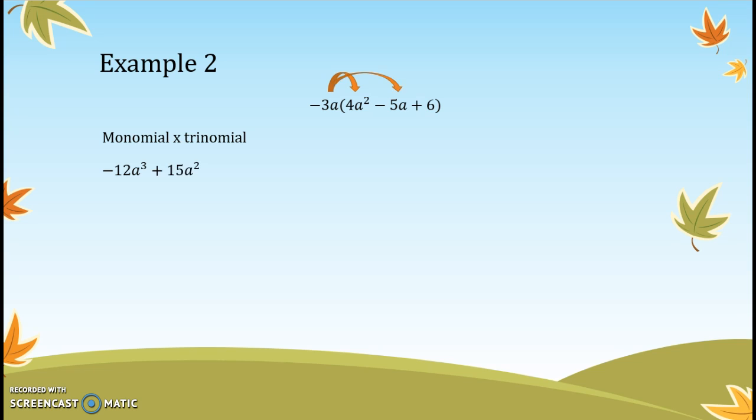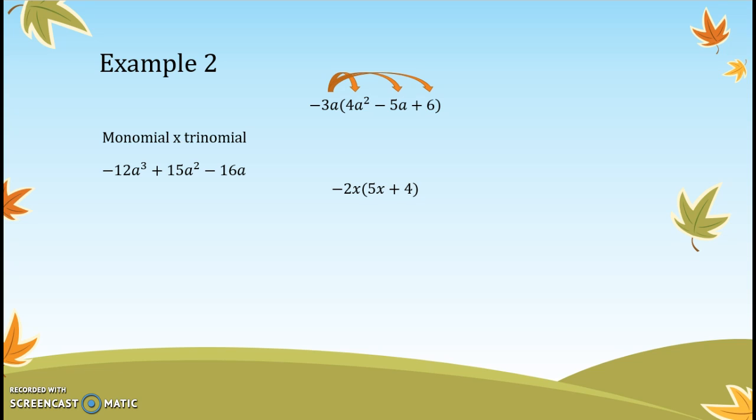Then we'll multiply negative 3a times negative 5a, giving us a positive 15a squared. A times a is a squared. We add our exponents, 1 plus 1, which is 2. Finally, negative 3a times 6, which clearly is not 16, it should be 18. So 18a. And it'll show up on the rest of this here, but we know it's 18a.